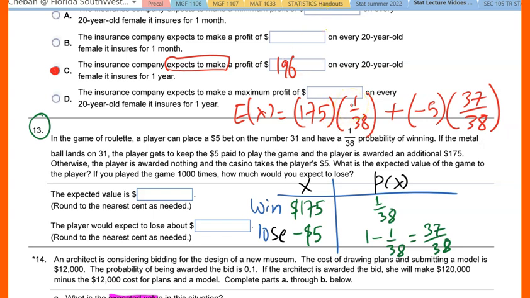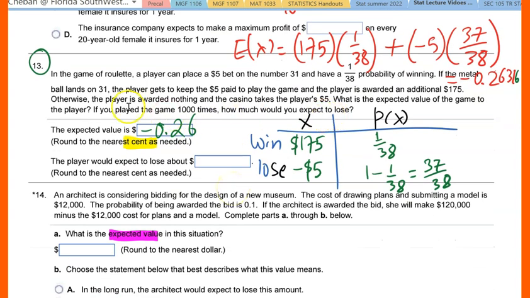This gives you negative 0.2631, up to 5 decimal places. But if you write the answer for expected value, it's going to be negative 0.26 only, to the nearest cent. That means in one game the player expects to lose 26 cents.